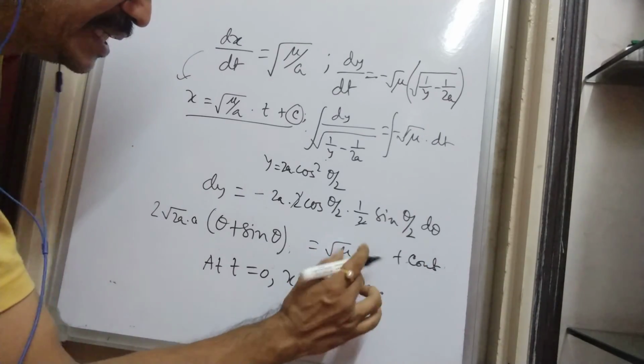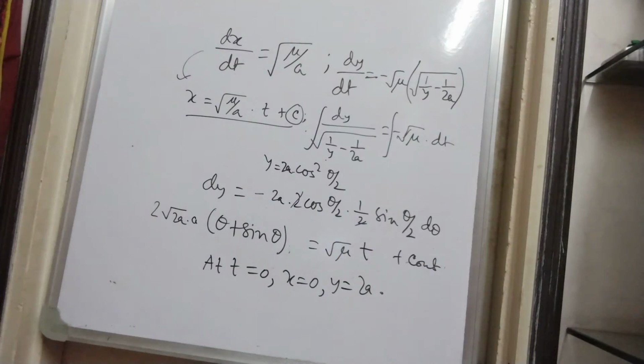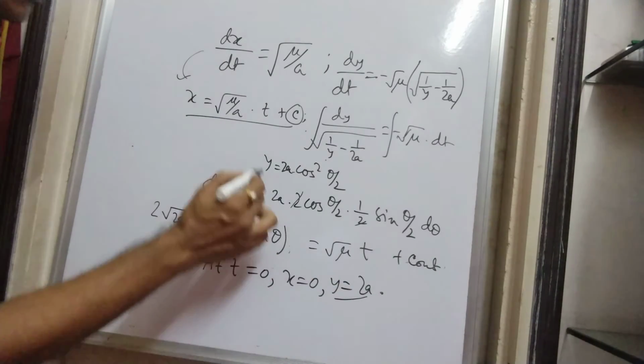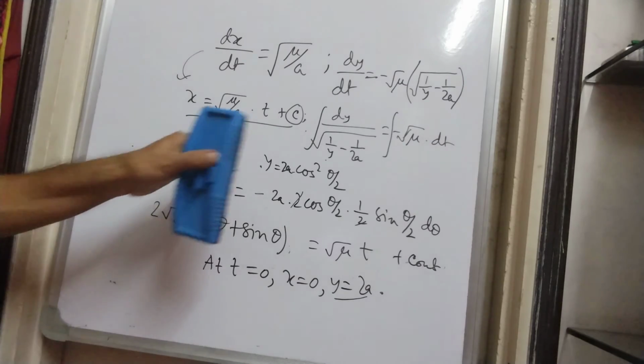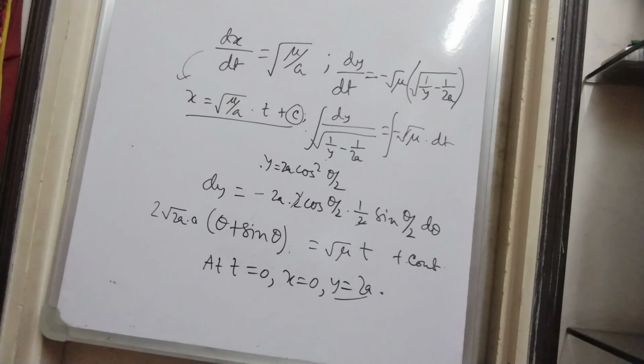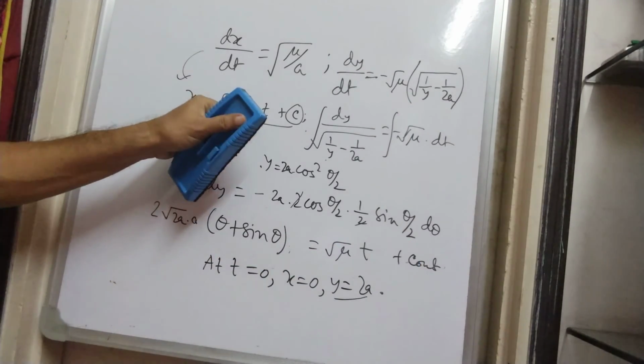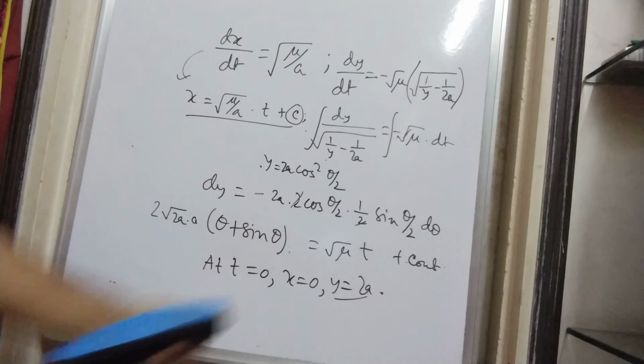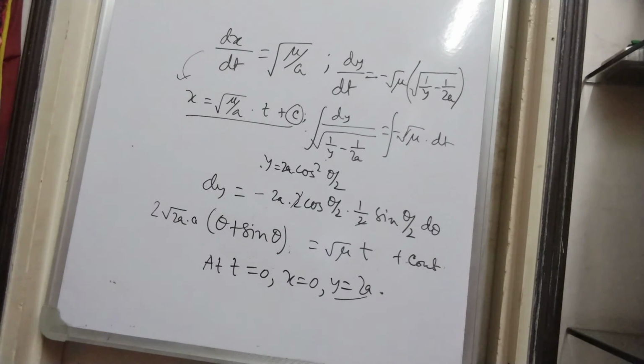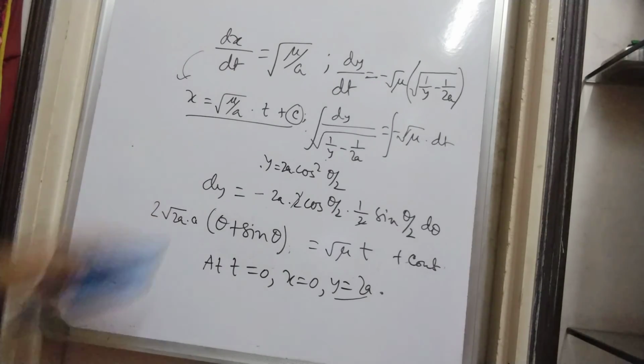This dt will be integrated to get t. Okay, so we put y equal to 2a here, and when is y equal to 2a? When theta is equal to 0. So that gives the constant to be 0, and we can replace in place of t this x, so that we have the equation of cycloid as x equal to a into theta plus sin theta.